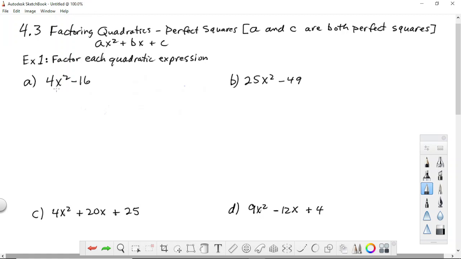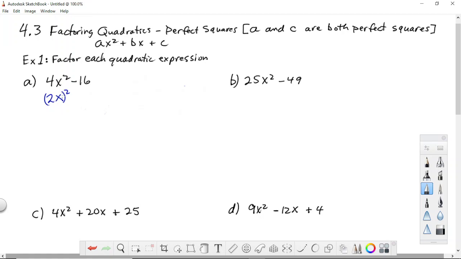So this first term is 4x squared. Well, 4 is 2 squared, right? And x of x squared, of course, is x squared. So we can write that term as 2x quantity squared, 2x in parentheses, and that whole thing is squared. And again, when you write that down, check it.